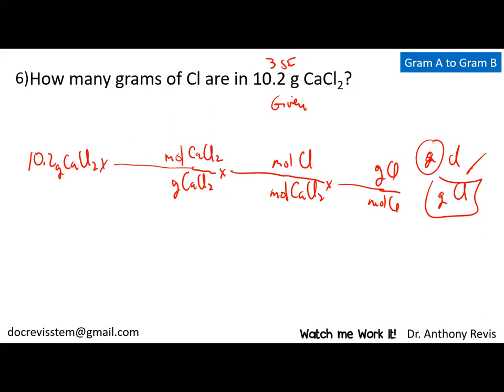So let's go back and put these numbers in. If I play through the molar mass of calcium chloride, if you work this through, it's going to be 1 times calcium, look that up, and 2 times Cl. Get these values all from the periodic table when you do these.